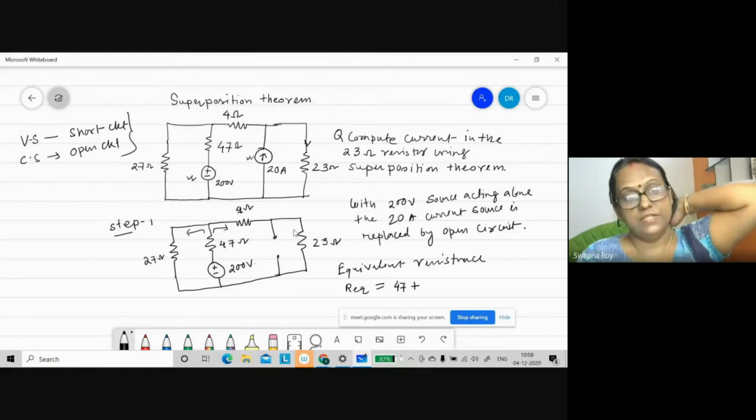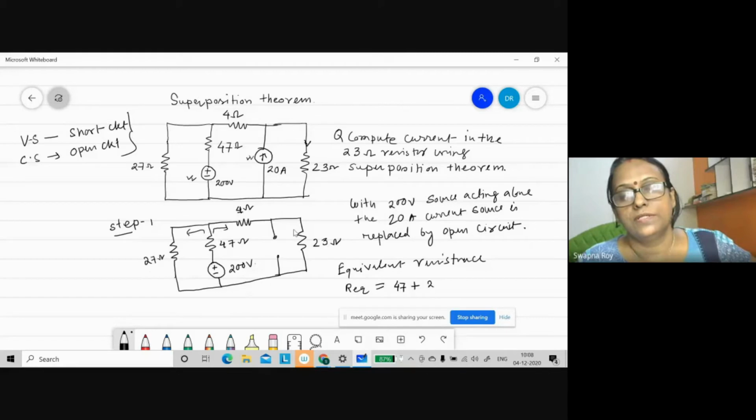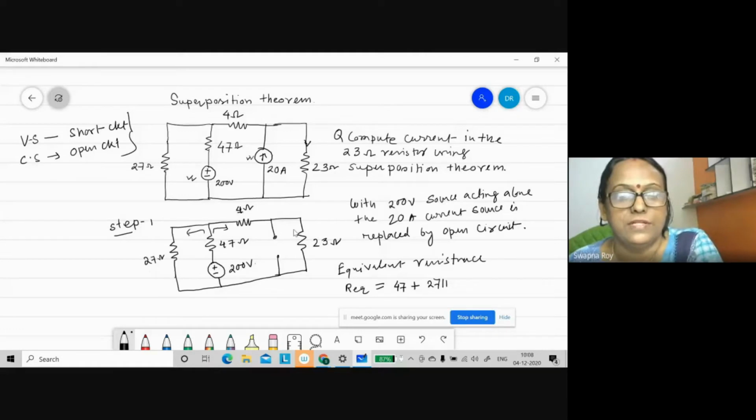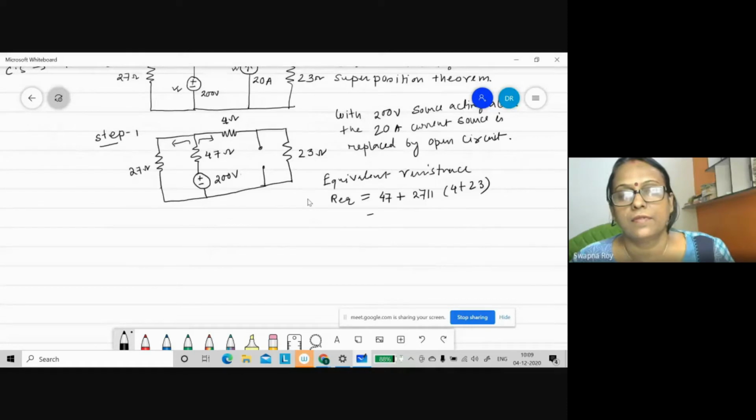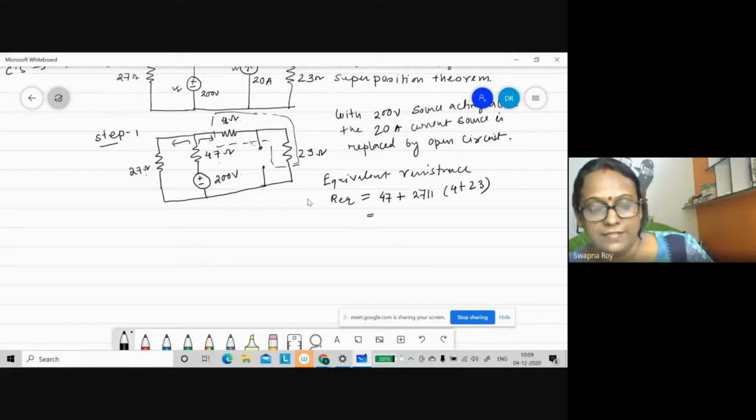That means 27 is parallel to 27. This 4 and 23 are in series, as this one is open circuited. So 23 plus 4 is parallel to 27 ohms, plus 47 ohm will be the total equivalent resistance.